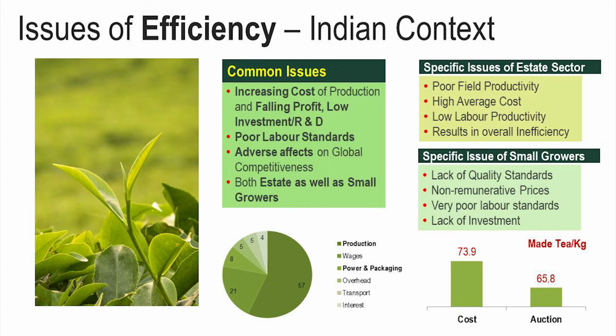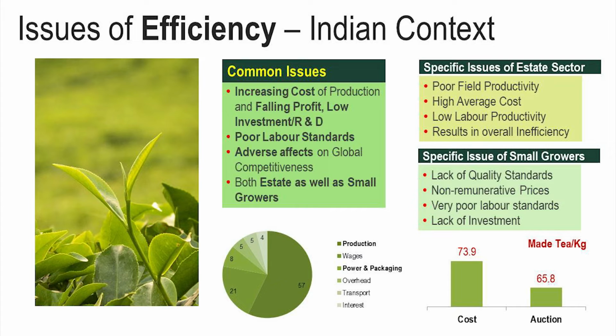They are also characterized by very poor labor standards, and the lack of investment is one of the main issues for small growers, because their acreage is limited. Profits are not that much because of non-remunerative prices, and therefore they do not have enough investment on their own. So even if this sector is very vibrant, it does not have enough investment to make it productive or efficient to the desired level.